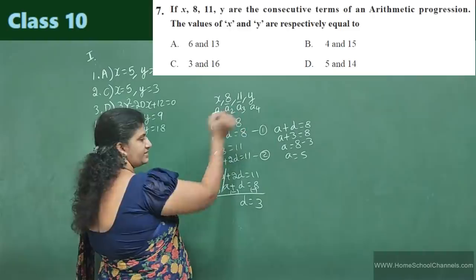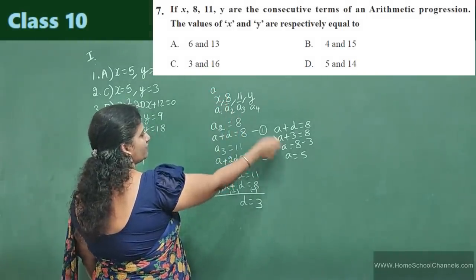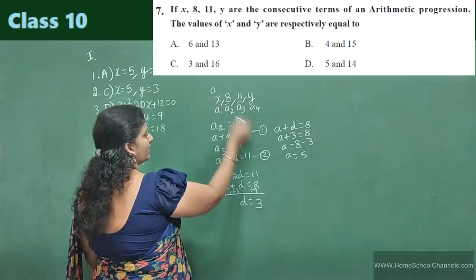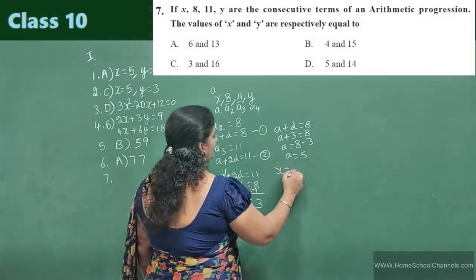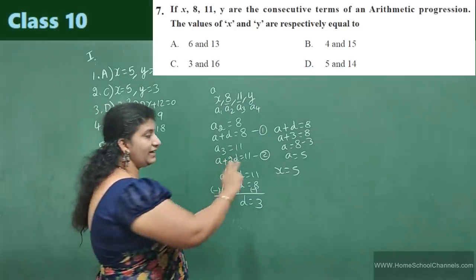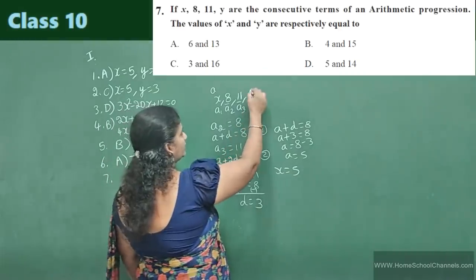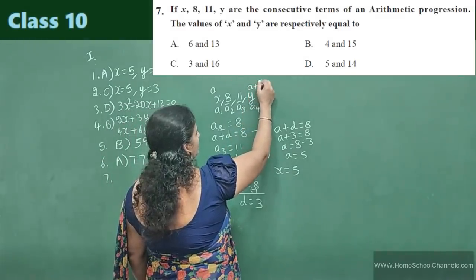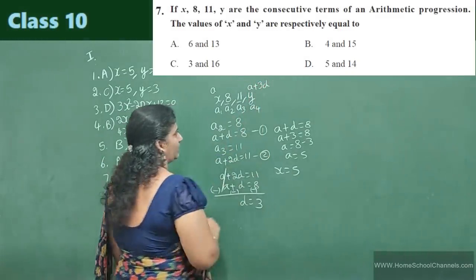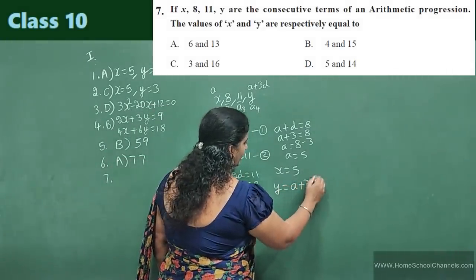Observe here, write this in general form. A1, the A value, what you got here? 5. That means x is equal to 5. First term is nothing but x, and that x is equal to A is equal to 5. Coming to your fourth term, write this in general form: y is equal to A plus 3D.